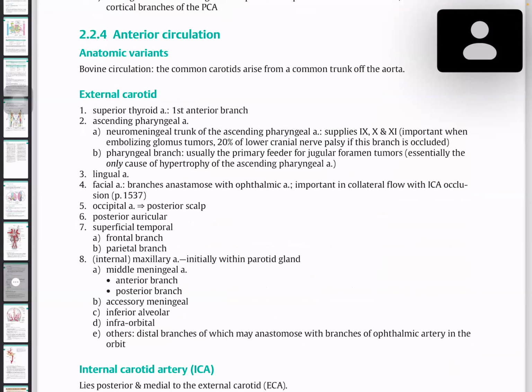I think the last one that I saw was an anastomosis between the middle meningeal artery and this temporo-occipital artery. This was to vascularize, there was a scalp necrosis.